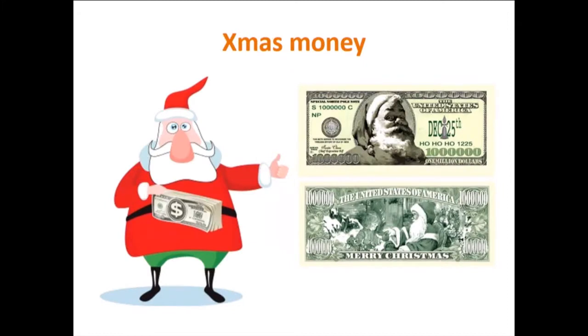Back to the temporal scope. I was thinking about Christmas money. December is the month with the highest demand for money because there is the highest demand for things that you can buy with money. You want to buy Christmas presents. Therefore, we could use a specific money only for December.